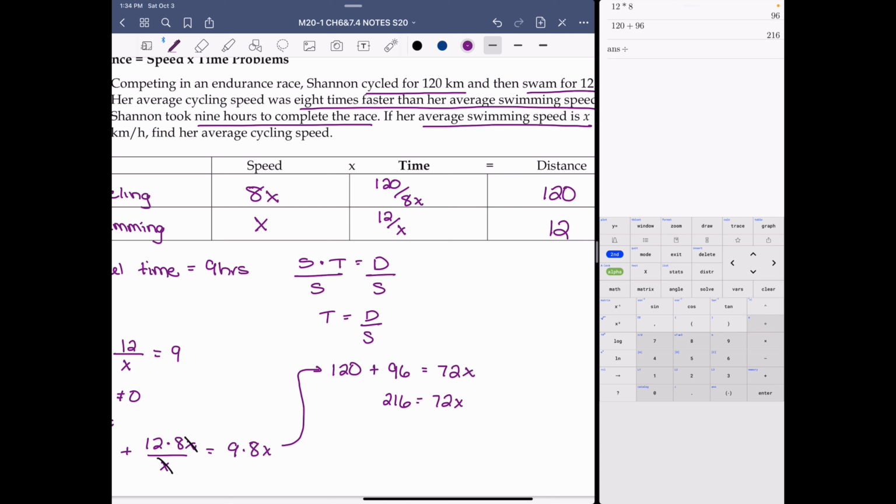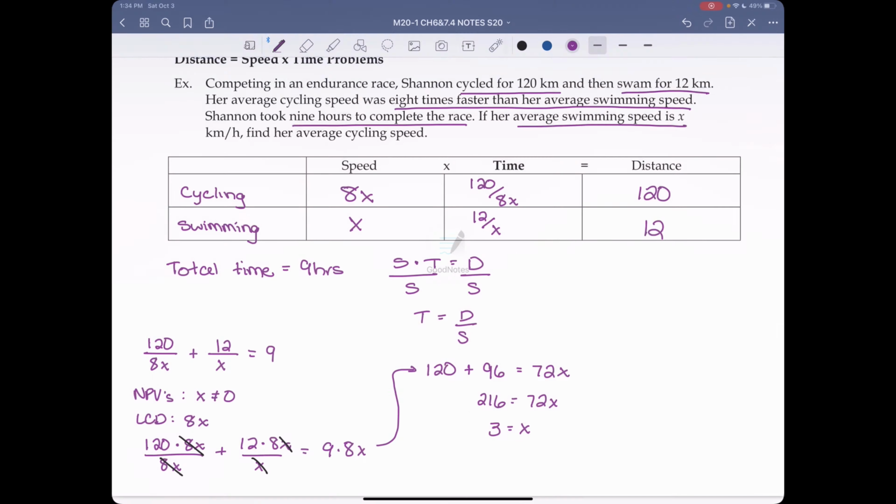Divide 216 by 72, we get 3. So if x equals 3, that is our swimming speed.